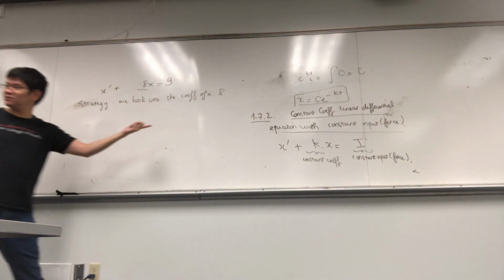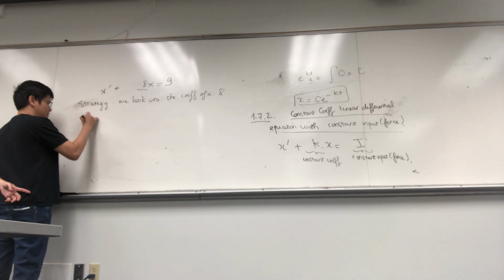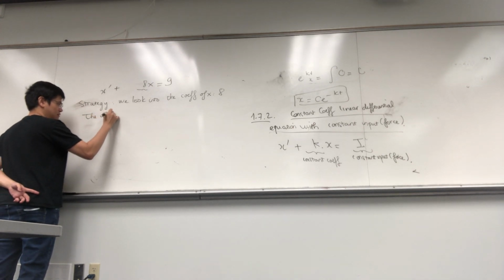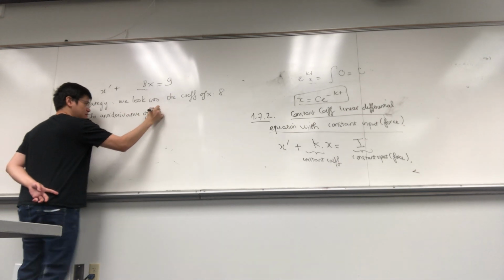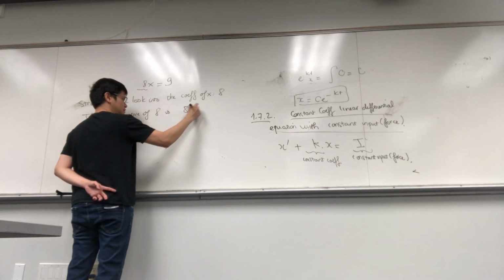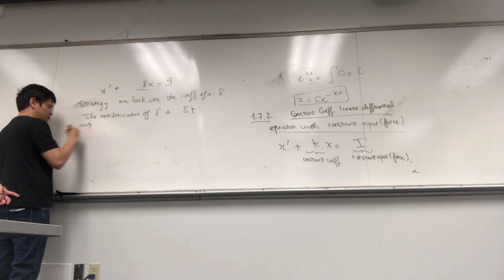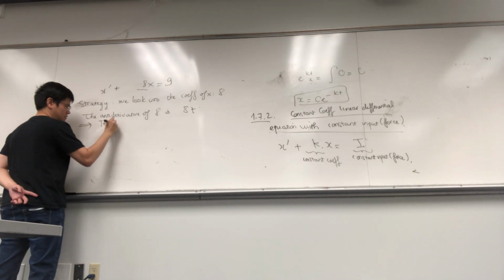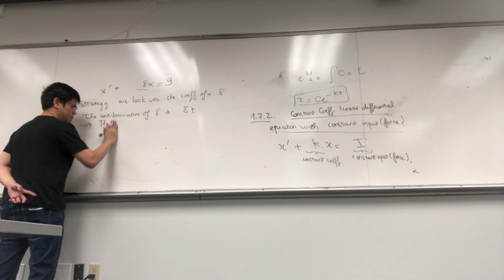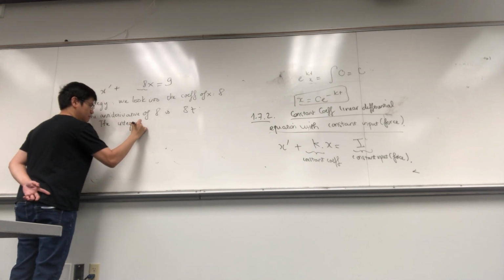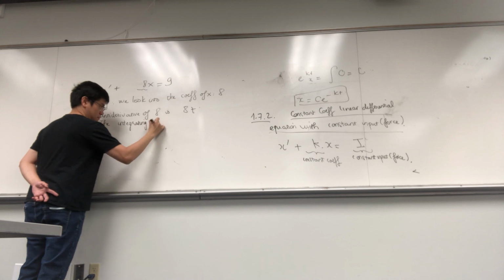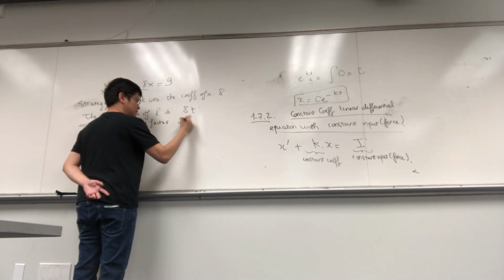So the strategy is that you look into this number 8, which is the coefficient of x. Now you take the antiderivative. The antiderivative of 8 is 8t. So the integrating factor is e to the 8t.